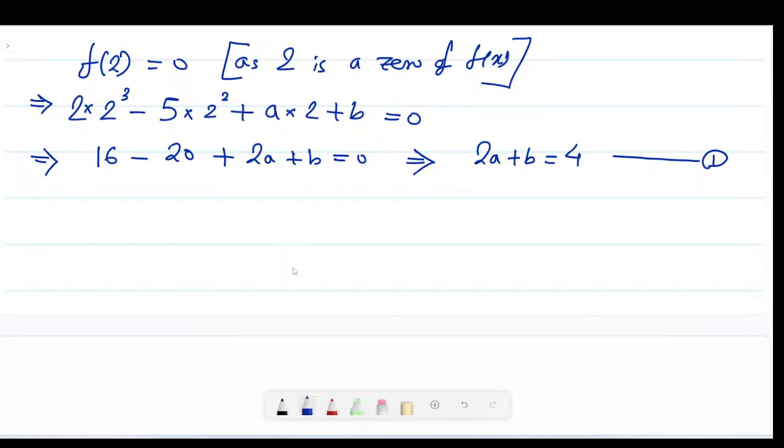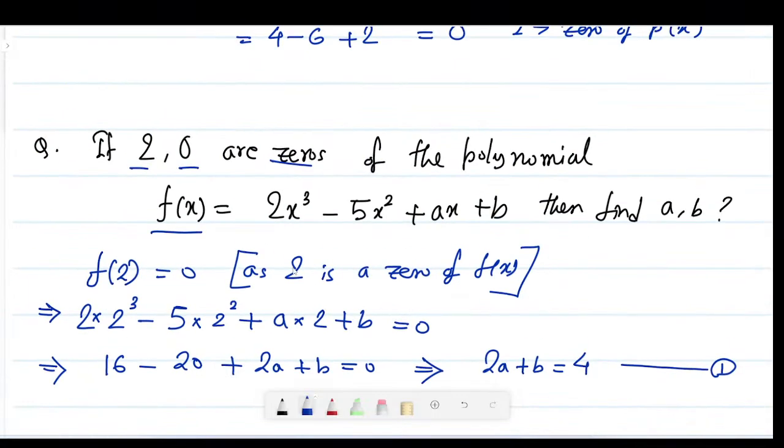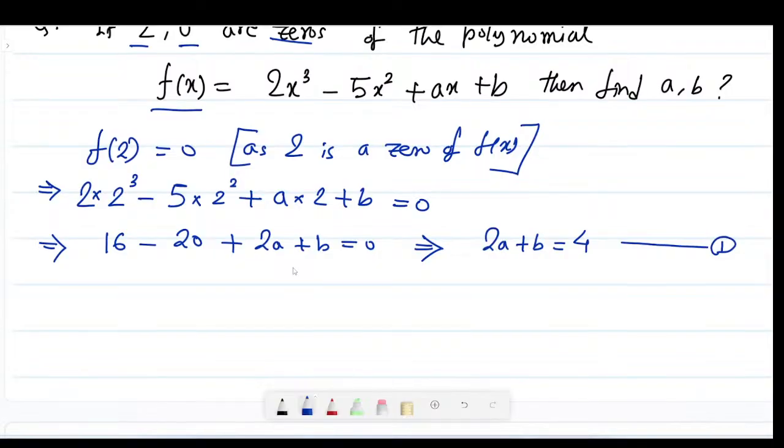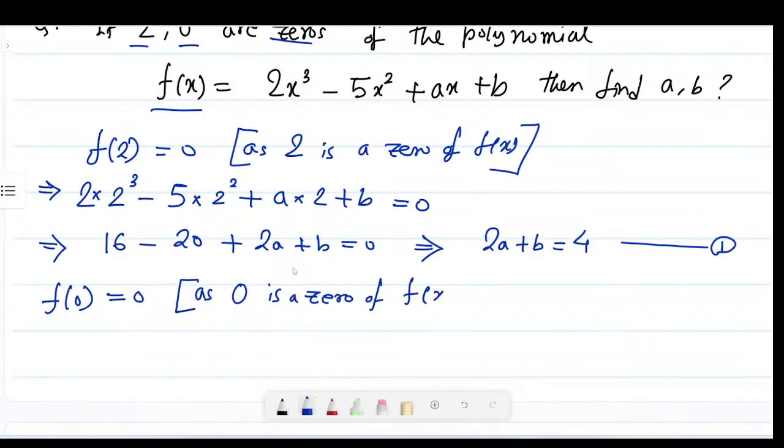And again we have that 0 is a 0 of this polynomial, so f of 0 must be 0, as 0 is a 0 of the polynomial f of x.